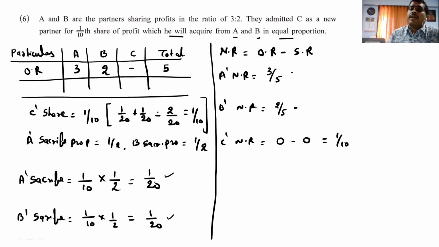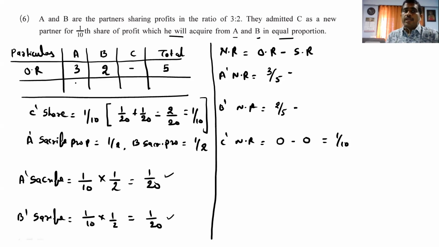But here it is not like that. Here we have to find the sacrifice. You are getting what I want to say. Again, I'm repeating. A and B are the partners sharing profit in the ratio 3:2. They admitted C as a new partner for 1/10 share of the profit, which he will acquire from A and B in equal proportion.